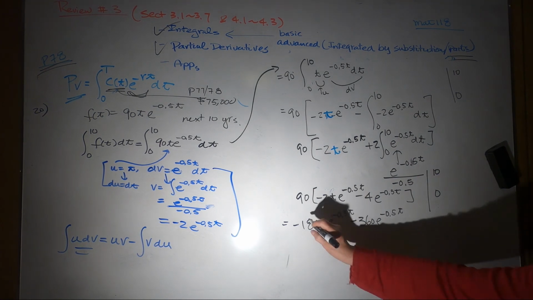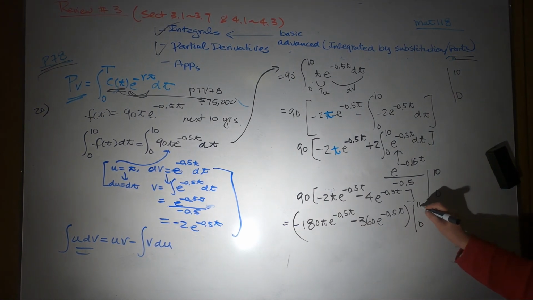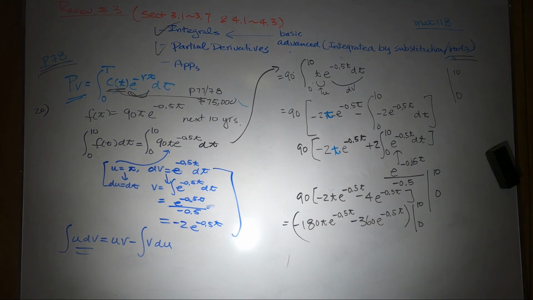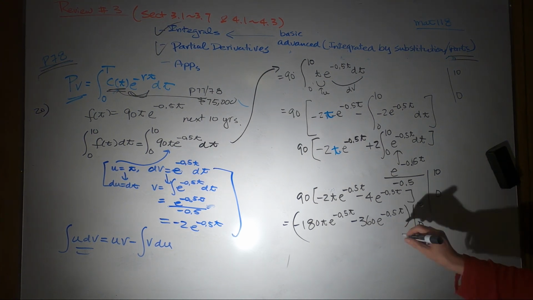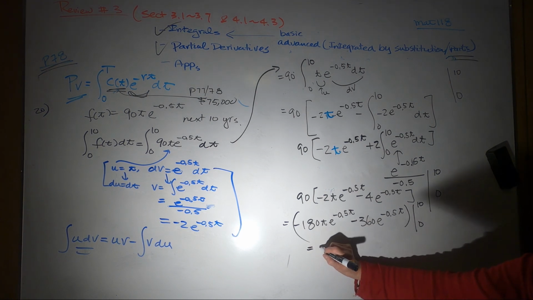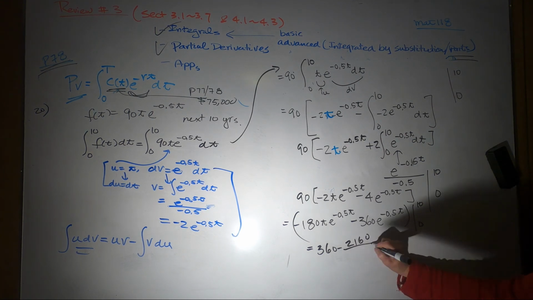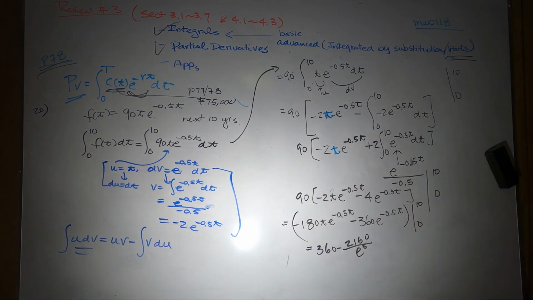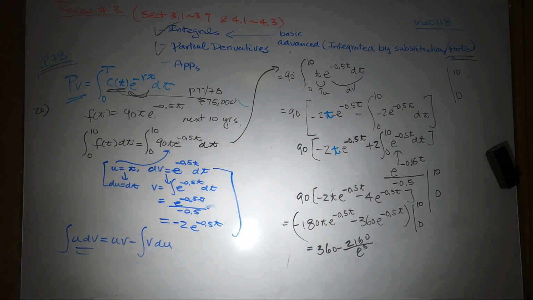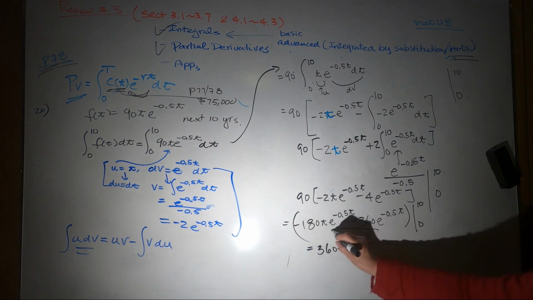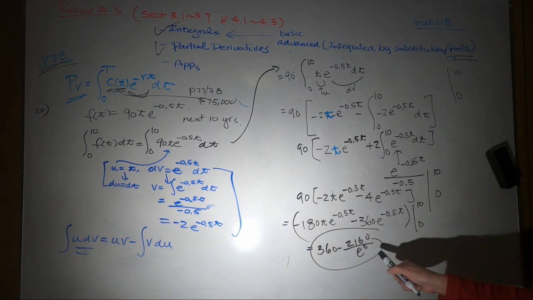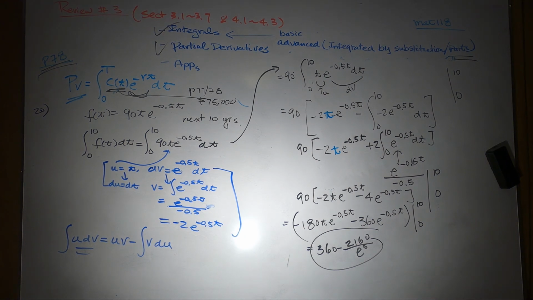Right? Then I wanted to do this from 0 to 10 years. Then you plug in 10 and 0, you will get this, okay? 360, you can do the math. Just to make sure you plug in, you actually can get this number: 360 minus 2160 over e to the 5th power.